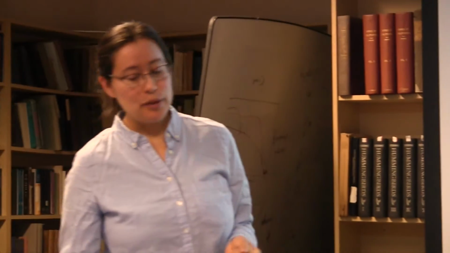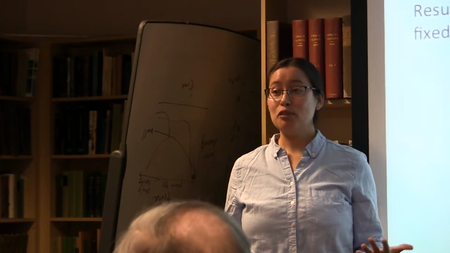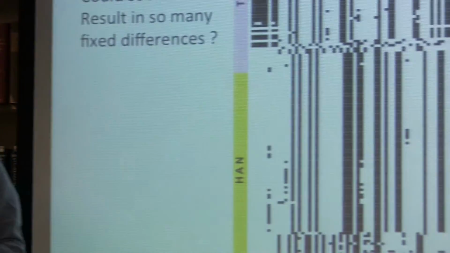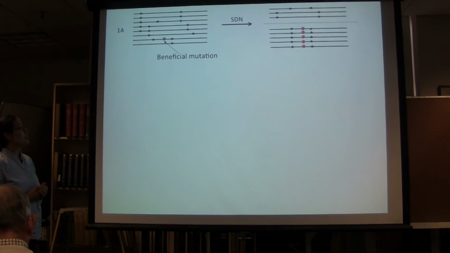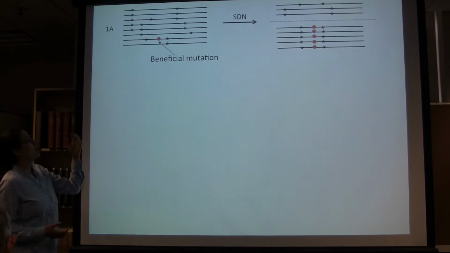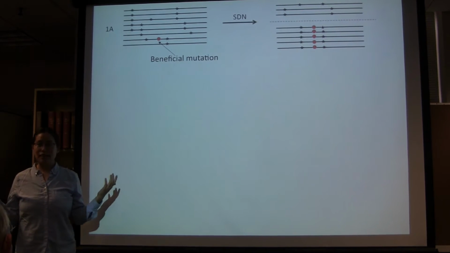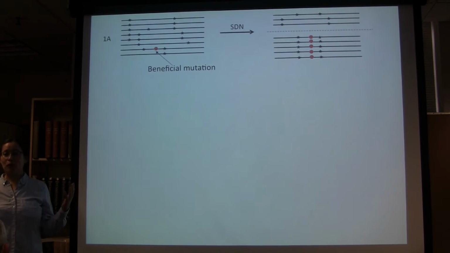But first we need to figure out whether selection on standing variation or selection on the de novo mutation could actually explain this pattern. And we found out that no, we couldn't. To give you some intuition of why, in a model of selection on a de novo mutation, you have your population of haplotypes, and you get a beneficial mutation in one haplotype.